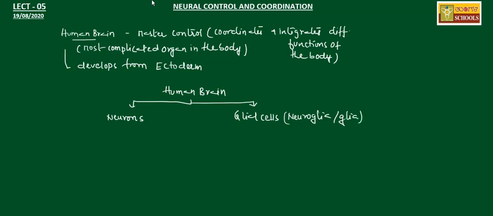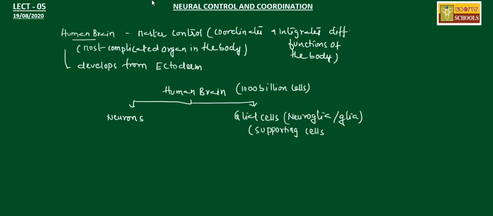So these glial cells are supporting cells. Suppose the human brain has around 1000 billion cells. I'm just telling you this to show whether the neurons are more in number or glial cells are more in number.